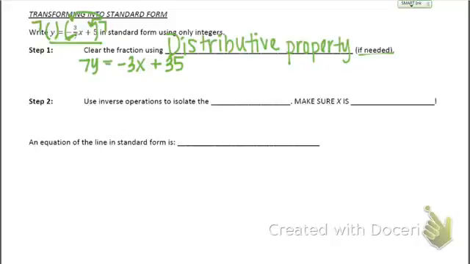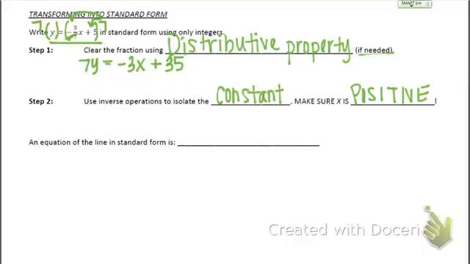Second step. We are going to use inverse operations to isolate the constant. Constant is the number. And then big note right here, make sure x is positive. So you're going to have to do whatever you need to do to make sure x is positive. If I want to move this x to the other side, right now it's a negative 3x, what am I going to do? Add 3x.